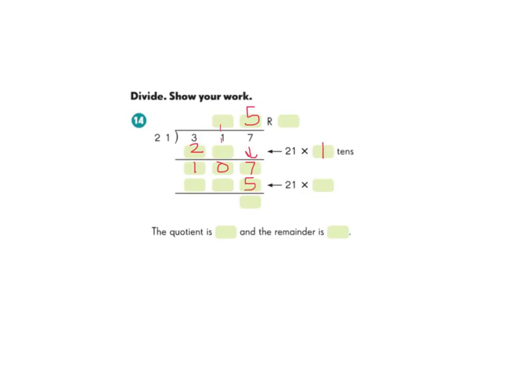That goes in the ones place. 5 times 2 is 10, which will go in the hundreds and tens place. This number represents 5 21s. Now we subtract. 7 minus 5 is 2, showing us that our remainder is 2. So our quotient is 15, remainder 2. It could also be written 15R2.